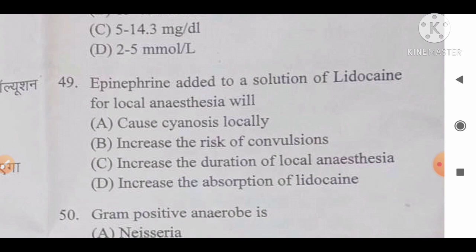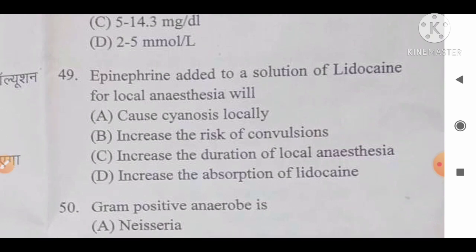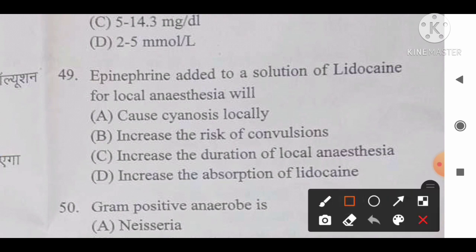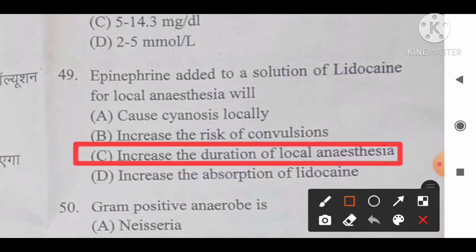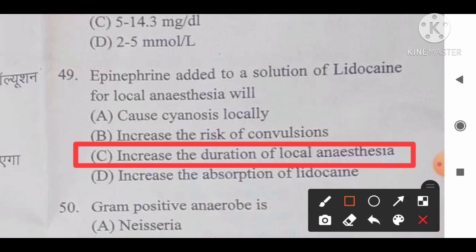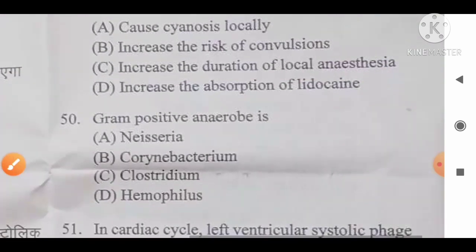When epinephrine was added, lidocaine concentration peaks around 40 minutes. So the duration of the peak concentration of lidocaine is being increased by adding the epinephrine in the lidocaine. So from the given information, we can say it is option C will be the correct answer for this question. That means epinephrine added to the solution of lidocaine to increase the duration of local anesthesia. So option C will be the correct answer for this question.